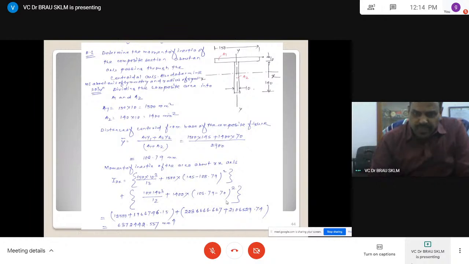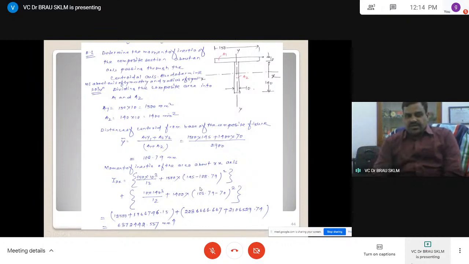Okay. Because H is somewhere here, with respect to this a perpendicular distance in two axes. So that's why 145 minus this you have to subtract. When you consider only this area, it is below this, that's why we are getting a negative.